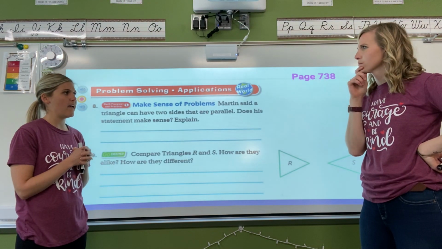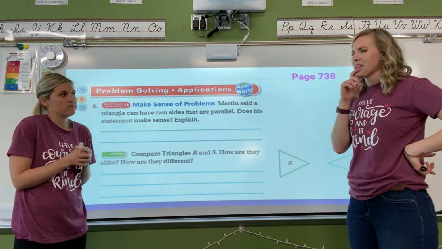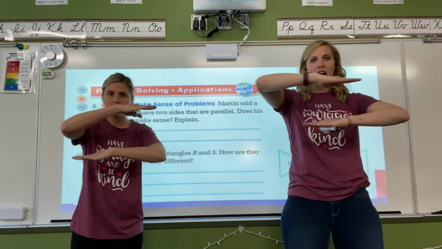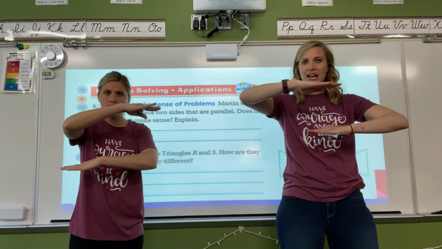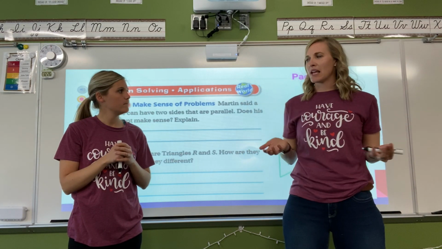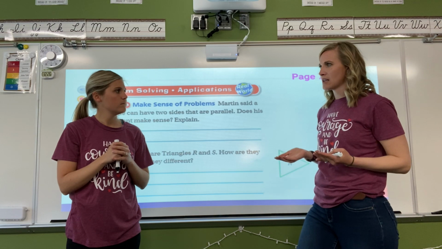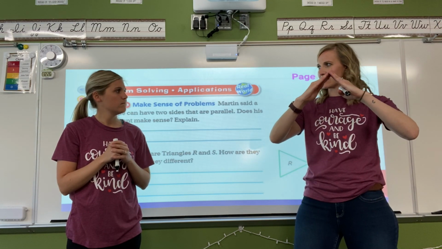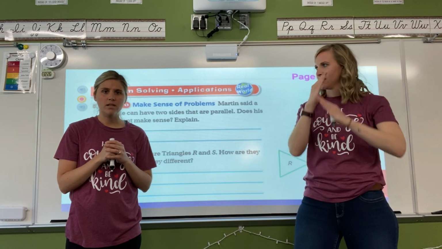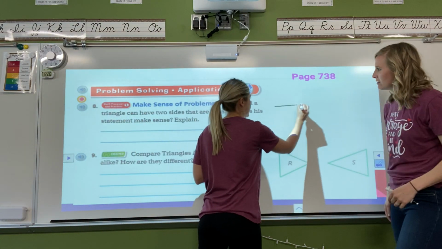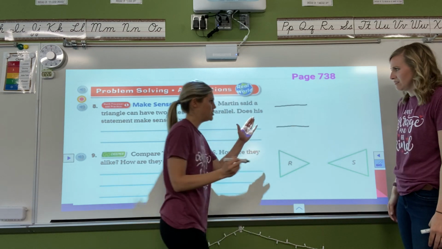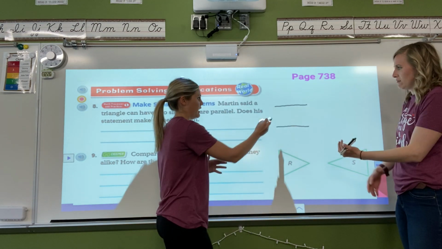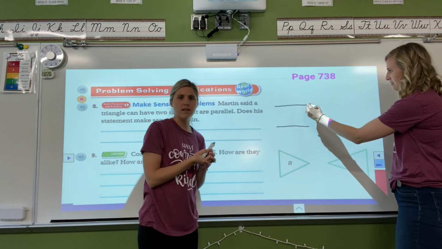Now, Mrs. Poppy, if 2 things are parallel, what does that look like? It means they're never going to touch. They're parallel lines. And everything that I've been looking at with triangles, I always see them connecting, meaning that their lines intersect. If I was to draw parallel lines, I'd have to have 2, but I can't connect them to make a triangle.